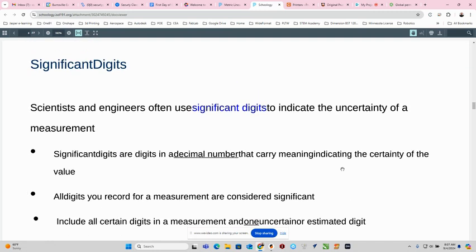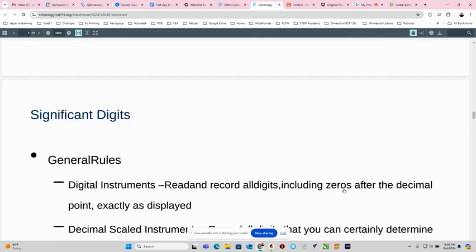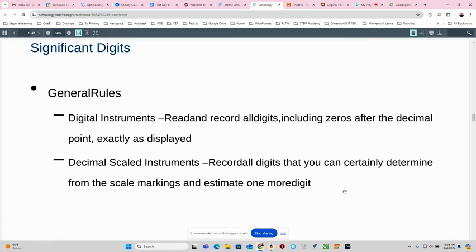I'm not going to worry about significant digits a whole lot; just do the best you can, especially with a ruler. One digit behind the decimal is about as good as you're going to get, maybe 2. That's where you're kind of guessing, where it'd be like 1.25 millimeters because it's in between 2 lines.